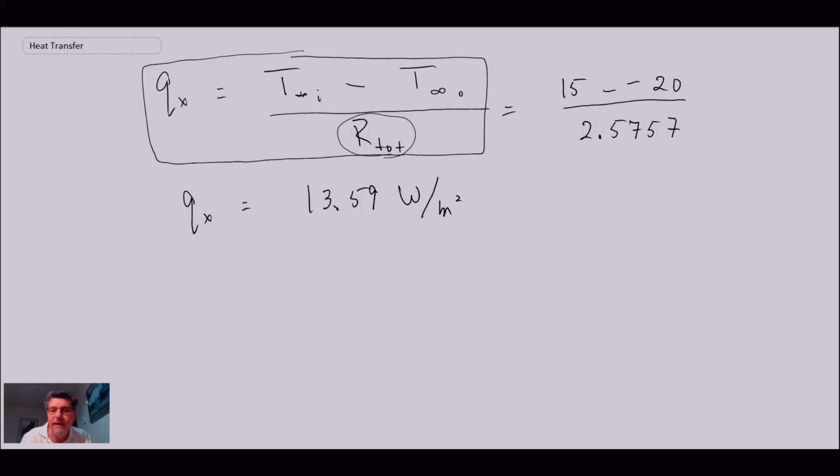And that would then enable you to determine the temperature at one of the intermediate points within the circuit. So that is an example using thermal resistances, provided that the four assumptions apply: steady state, one-dimensional, no heat generation, and constant thermal conductivity. You can apply this, and you can do this also for cylindrical or spherical coordinate systems.